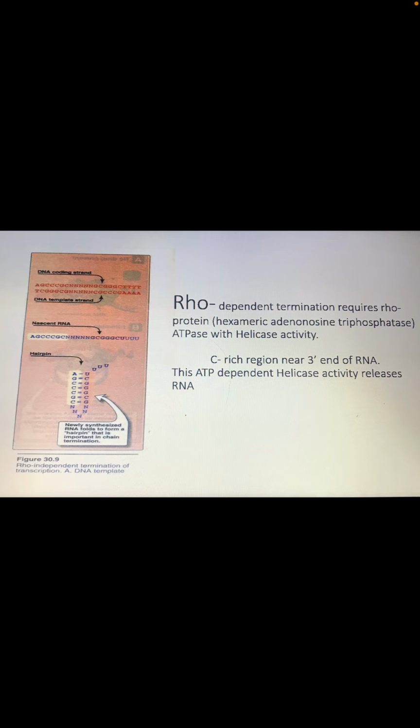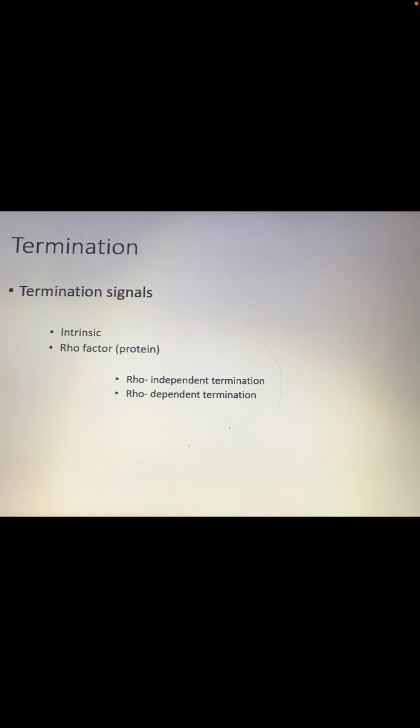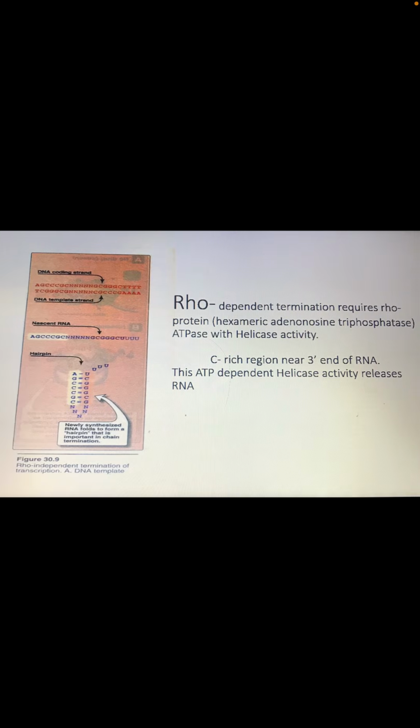While in the previous type of termination, you learned that it is Rho independent termination. We did not need any type of Rho proteins in this diagram, which is the Rho independent termination of transcription.